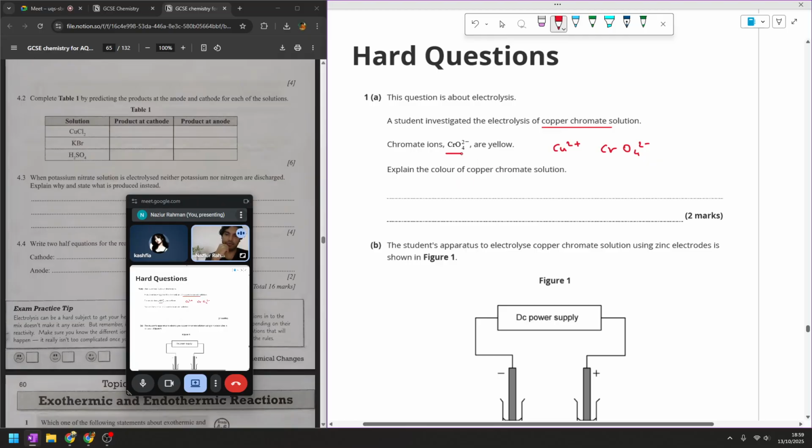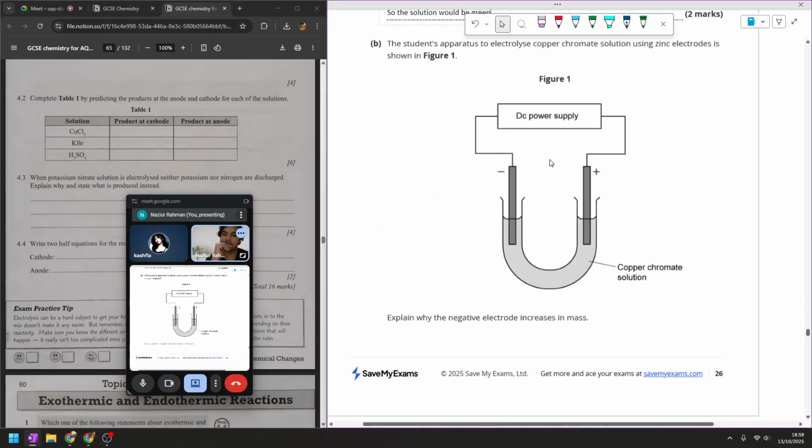So copper ions are blue, chromate ions are yellow. So you'll see a mixture of blue and yellow, which is green. So the solution would be green. Make sense? Yeah.